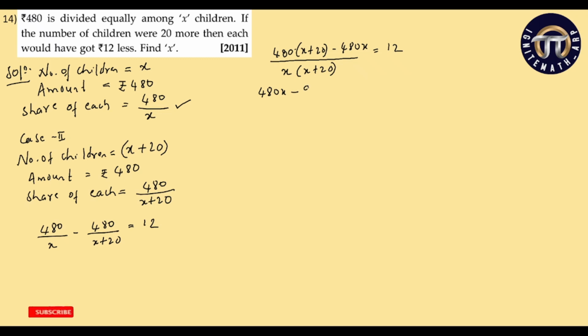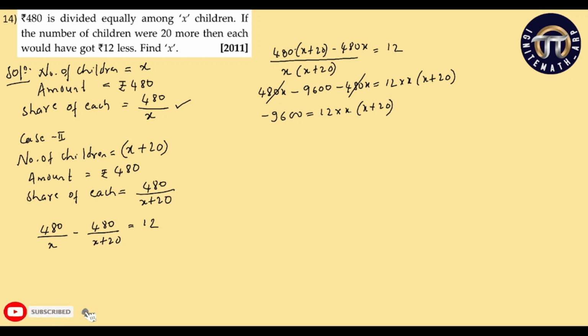So that is nothing but 9600. Clear, children? So minus 480x is equal to 12 into x plus 20 I am getting. So here this and this will get cancelled. So I'll be left with 9600 is equal to 12 into x plus 20.